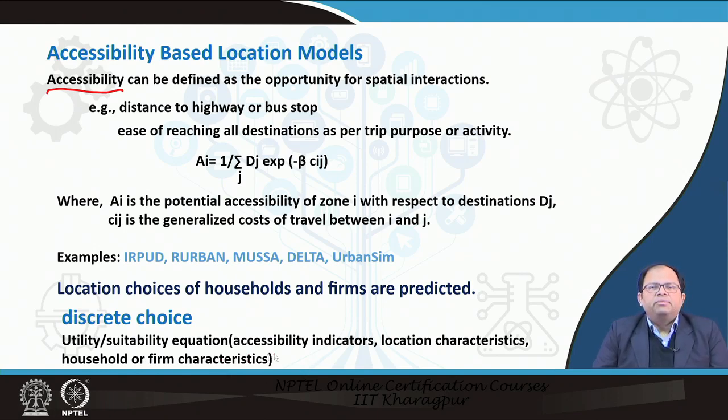So these are the different factors that play a role. That means we are incorporating a component of location theory in the form of accessibility indicators, and the way it is incorporated is in the form of discrete choice. This is why accessibility based location choice models incorporate both location theory as well as the discrete choice theory that was discussed in the earlier lecture.